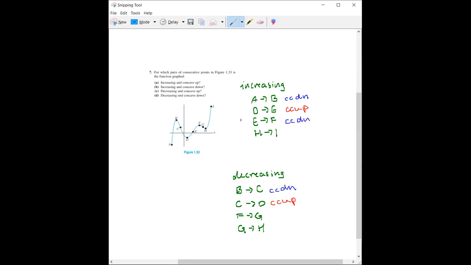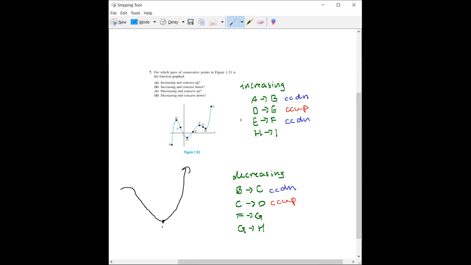F to G? Hard to see. Yeah, I was going to say that one and G to H are really hard to tell. It is pretty hard to tell, but if you think about it, you're going to blow up the curve essentially. Sorry, my pen is acting weird because I'm drawing in the snipping tool. But if you think about what it actually looks like underneath, you have a peak at F, and then it goes down, and then it goes back up.